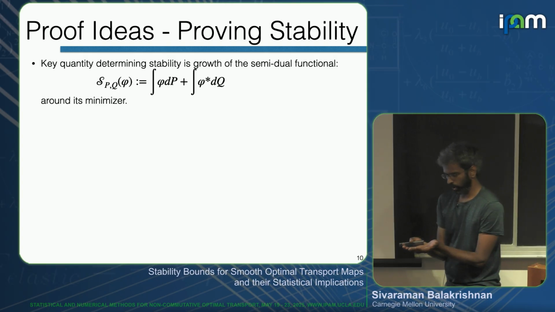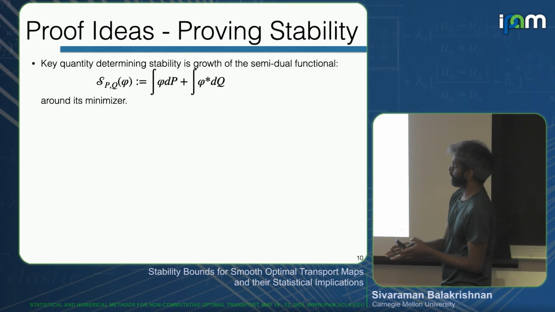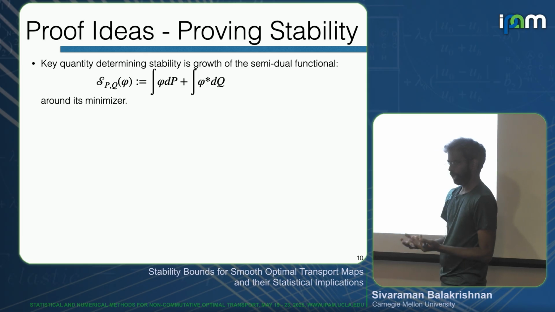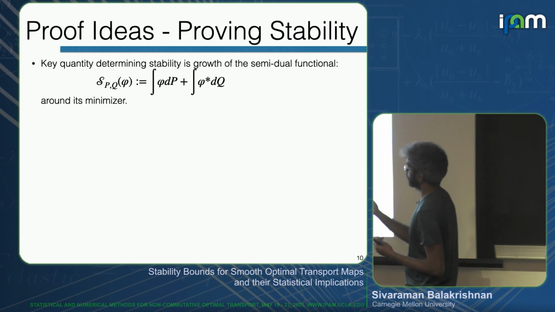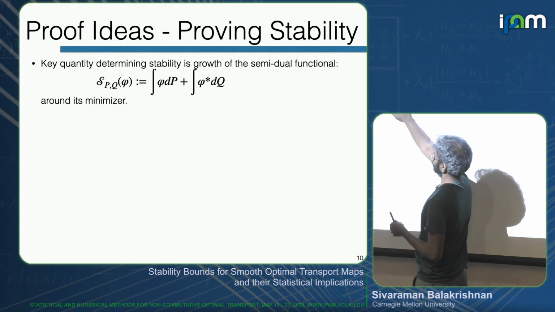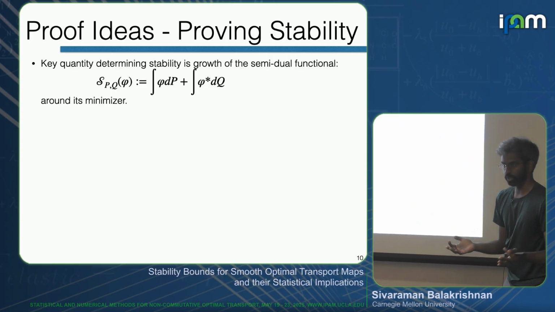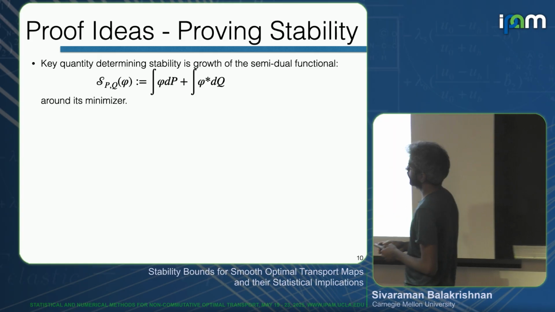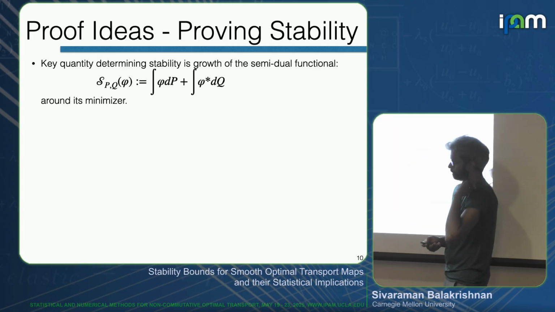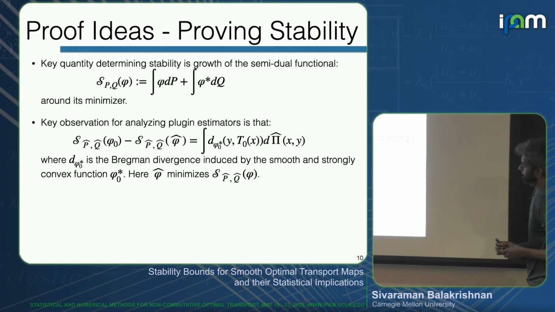And now you can ask, how does this functional behave as I move away from the minimizer? The strong convexity and smoothness of the optimizer will grant you some sort of quadratic growth of this functional around its minimizer. So as you move away from the minimizer, this functional grows in some nice way. And this is a helpful fact, and somehow underlies a lot of stability.